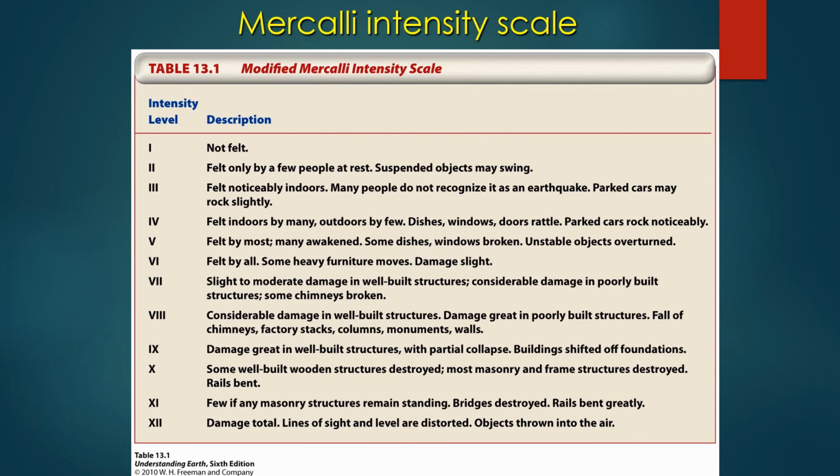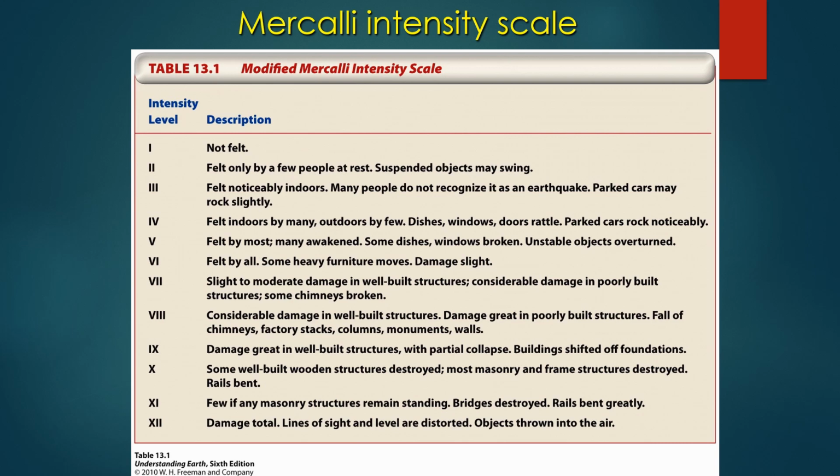Shaking intensity: earthquake magnitude does not by itself describe the earthquake hazard. It is a method for estimating the intensity of earthquake shaking directly from an event's destructive effects.